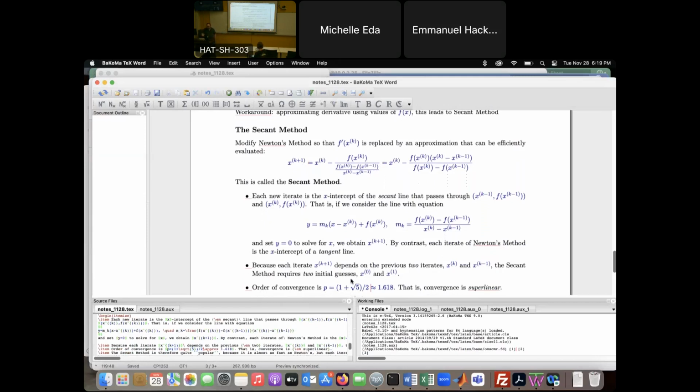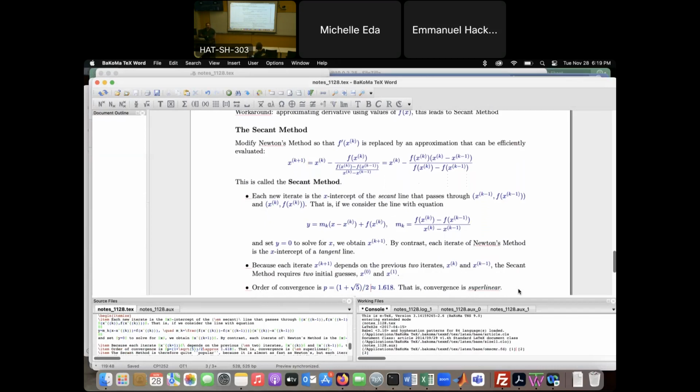Now, because the order of convergence is a number that's between 1 and 2, you say it's superlinear convergence. So there's a trade-off with Newton's method. On the one hand, the convergence is not quite as fast. Now, superlinear is pretty nice. It's just not quite quadratic. But you have less expense.